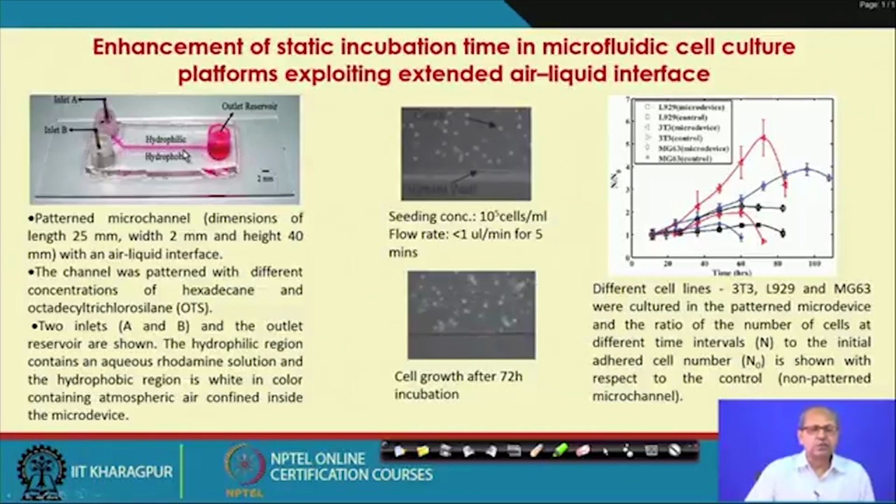This is basically a virtual wall formed due to the self assembly of OTS. This is not very stable, depending upon the rate at which you flow the hydrophilic solution.